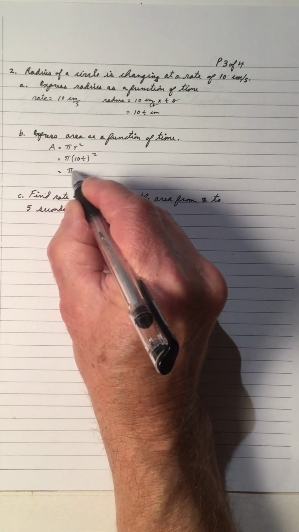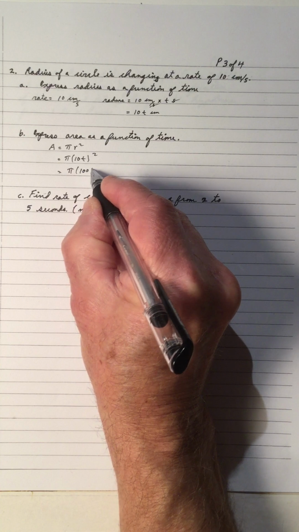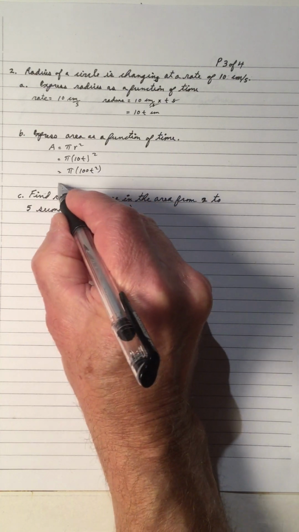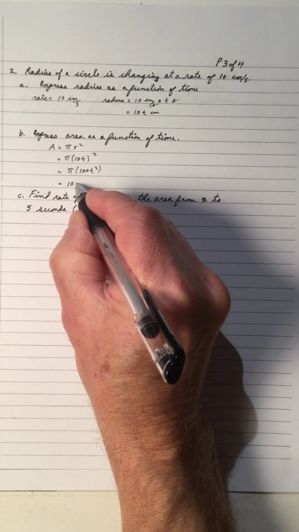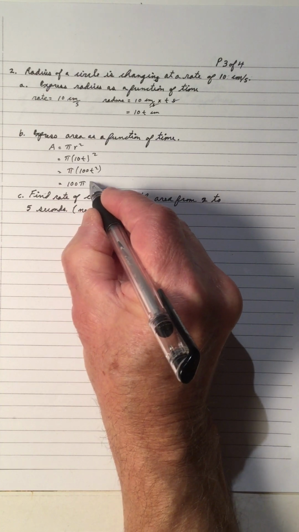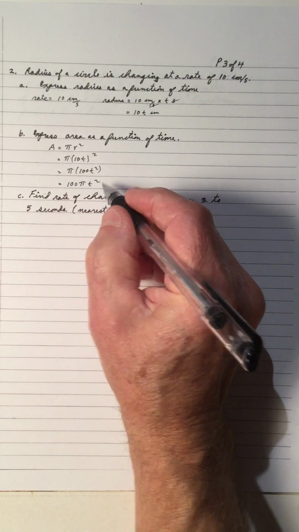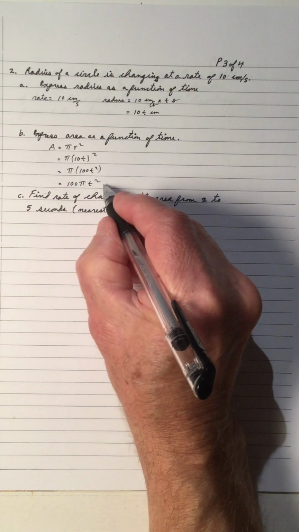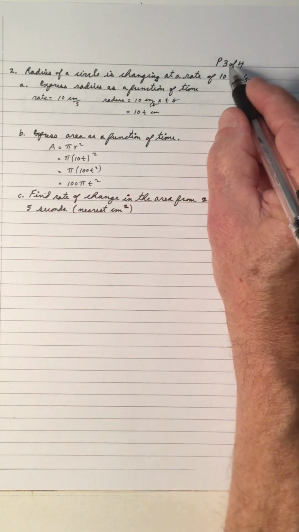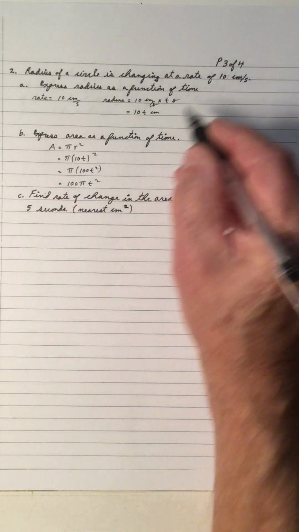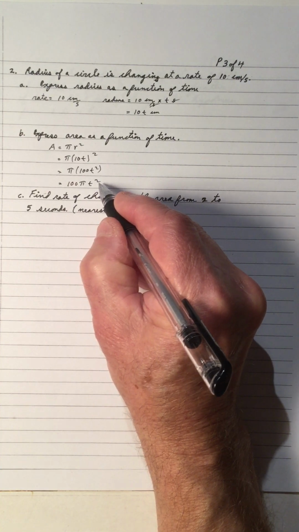So that's pi times 100t squared. So the area is now 100 pi t squared. The radius is in centimeters, so the area is in square centimeters.